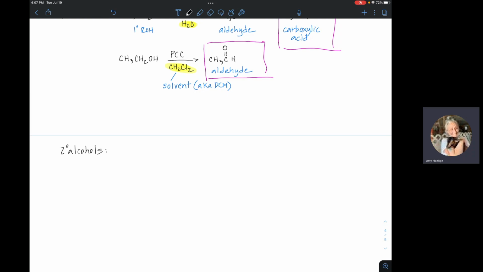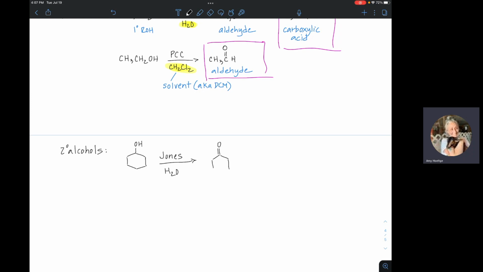We could take, say, for example, cyclohexanol, Jones reagent under aqueous conditions. You will end up with a ketone.